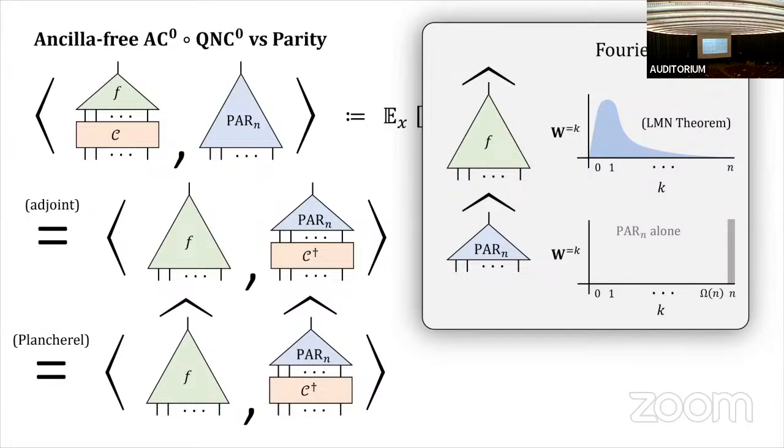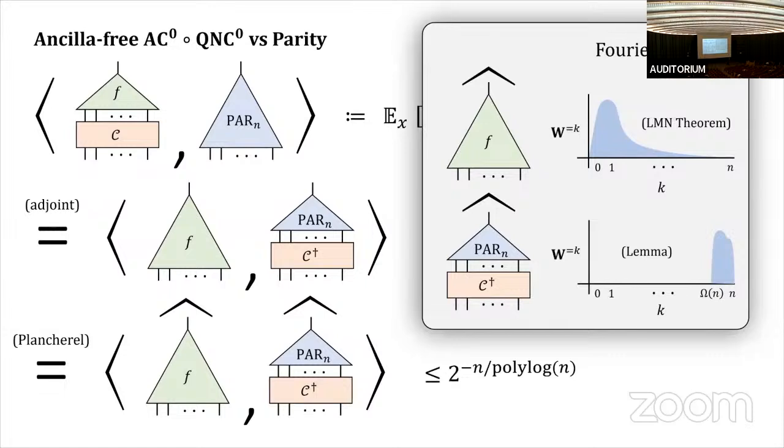And there's a quick lemma you can prove that says if I precompose parity with a constant depth circuit, that Fourier mass can't bleed down very far. It only bleeds down to a level that's a constant fraction of n. So now we have an inner product between two vectors with almost disjoint support here, and we can thereby bound the inner product with a very small number.